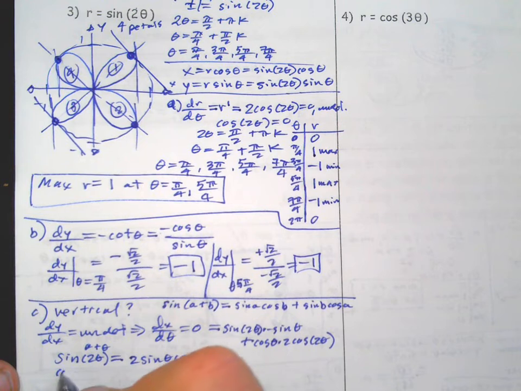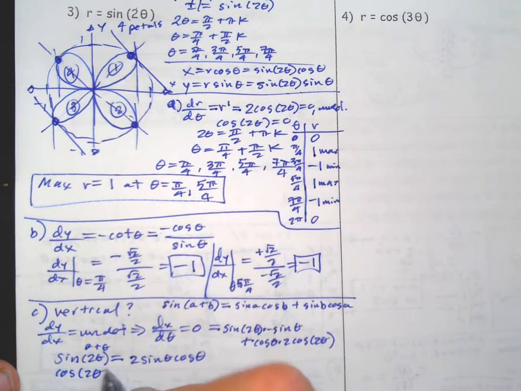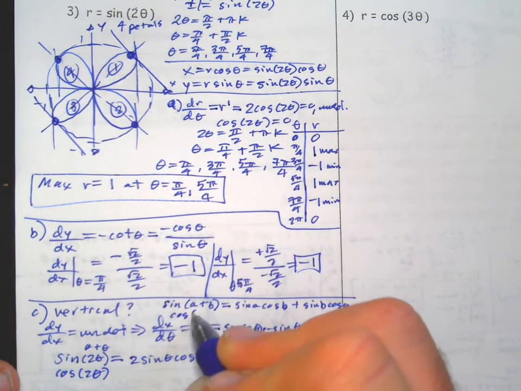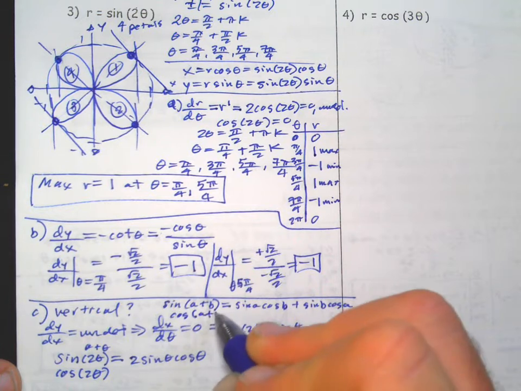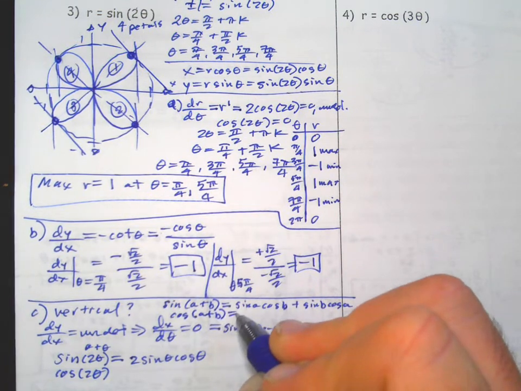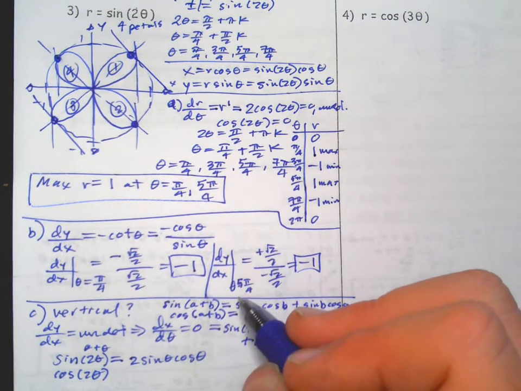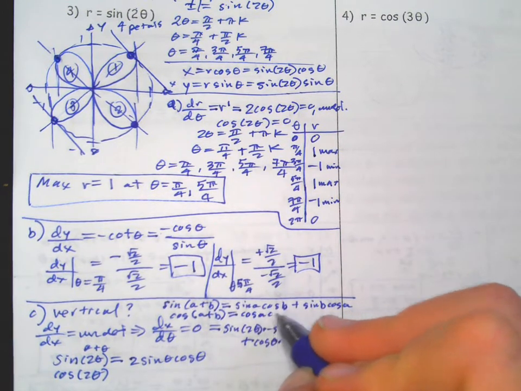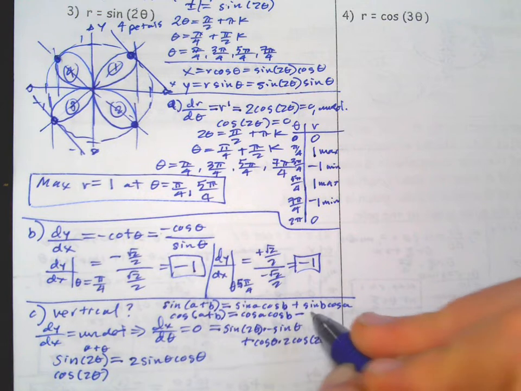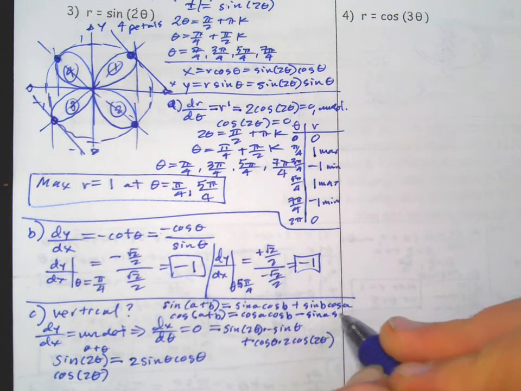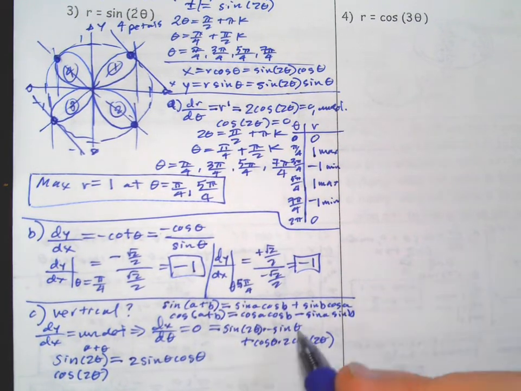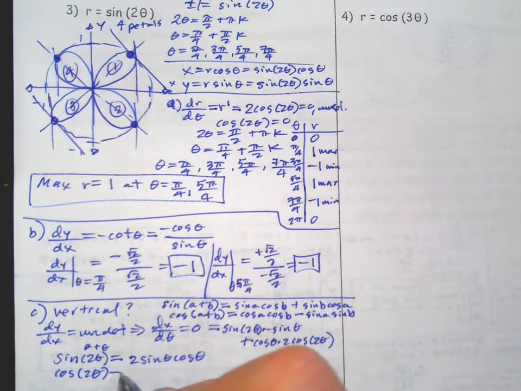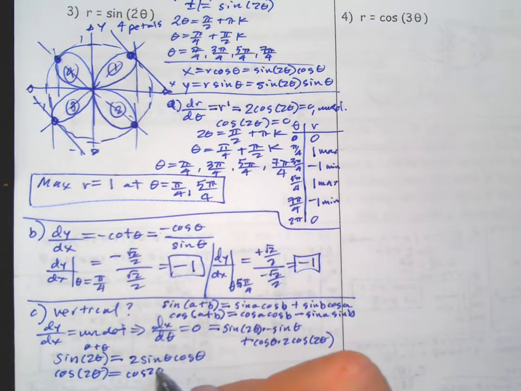And then for cosine, the angle addition is cosine A cosine B minus sine A sine B. So when they're the same angle, theta plus theta ends up being cosine squared theta minus sine squared theta.